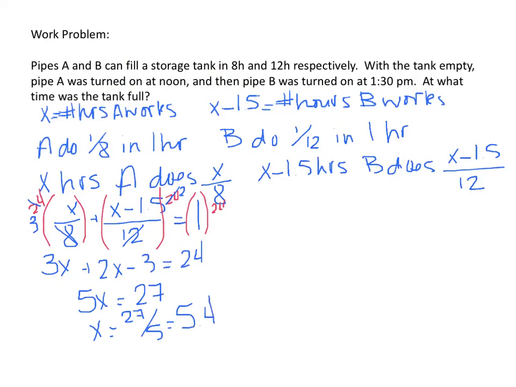So that means A has worked 5.4 hours. And it starts at noon, so it's finished 5.4 hours later. What I do is I put in my calculator 0.4 times 60, and I find out that that's 24 minutes.